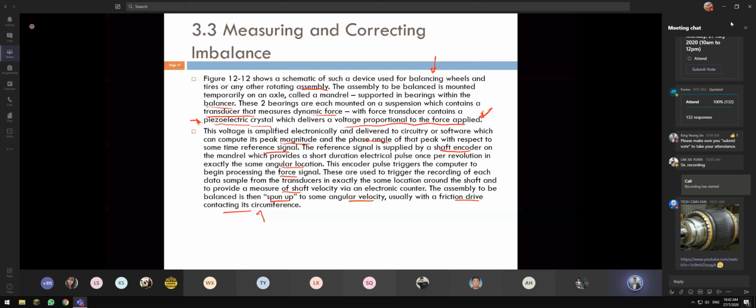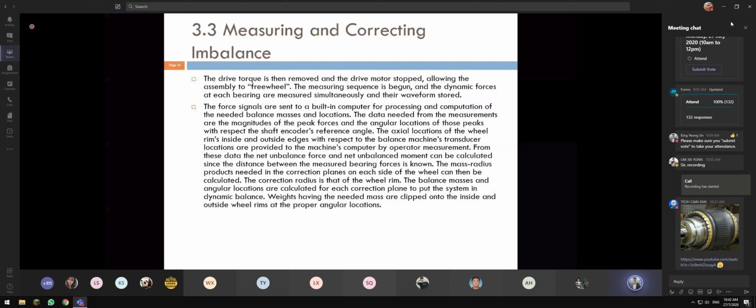As I mentioned, nowadays they don't contact the tires, they contact the rotating shaft itself. Okay. The drive torque is then removed. As I said, you have to remove the drive, and the drive motor stops, allowing the assembly to freewheel, free rotation.